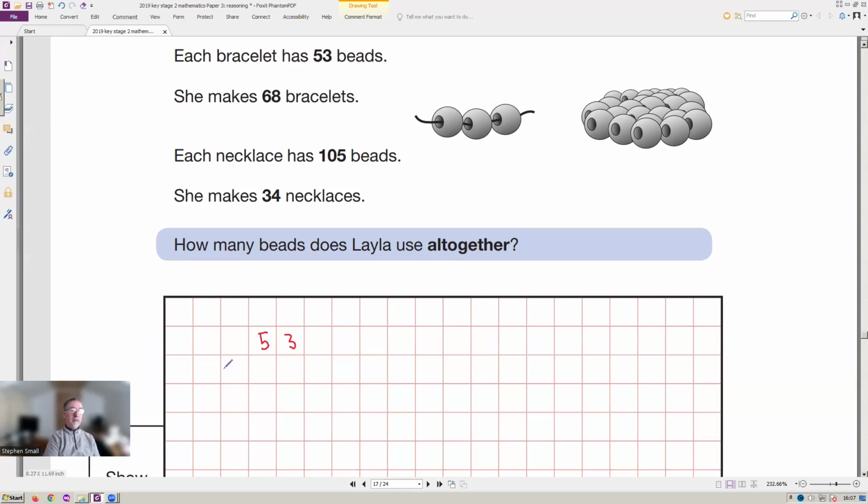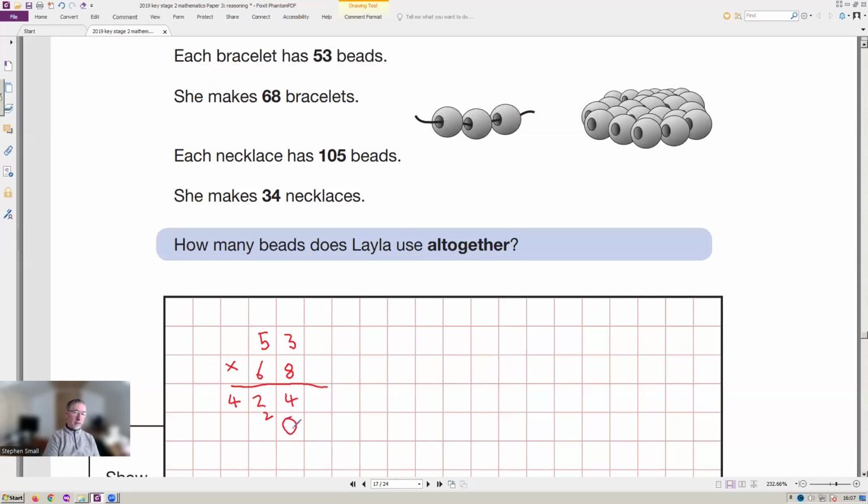53 times 68 is our bracelets. 8 3s are 24. Carry the 2. 8 5s are 40, and 2 is 42.